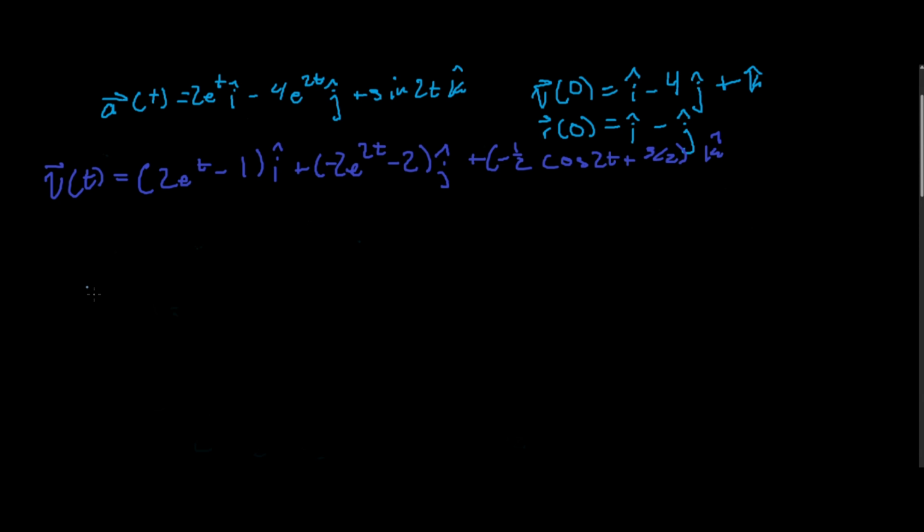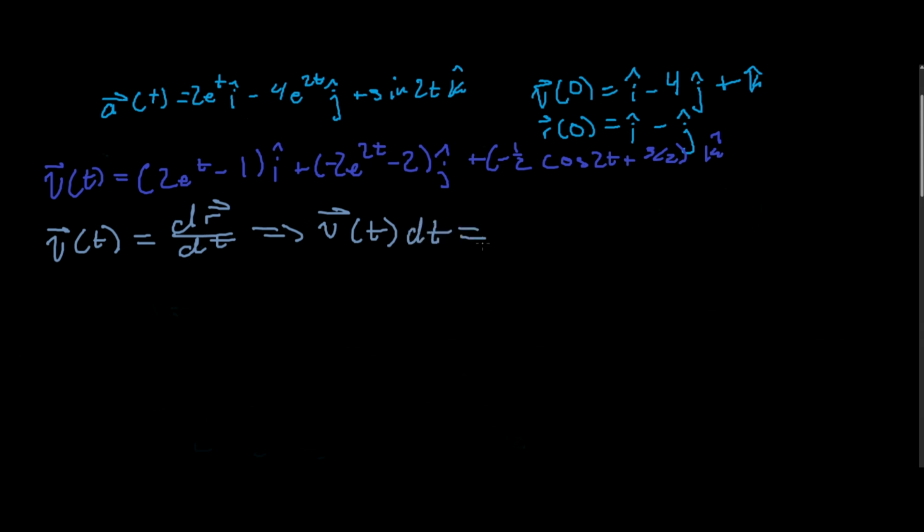Okay, so the velocity is the rate of change of the position. So velocity is the derivative of position. Let's say position is r, with respect to time. Then in the same method, we bring the differential of time to the other side and integrate both.